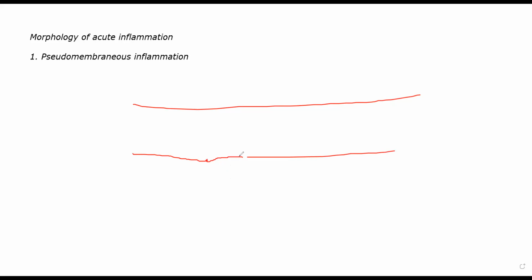Let's suppose this is your normal epithelium and here is a toxin. Imagine this is the cell space and we introduce a toxin like this, diphtheria toxin or whatever toxin, or an irritant gas. As it comes into the tissue space, it will trigger an inflammatory reaction.